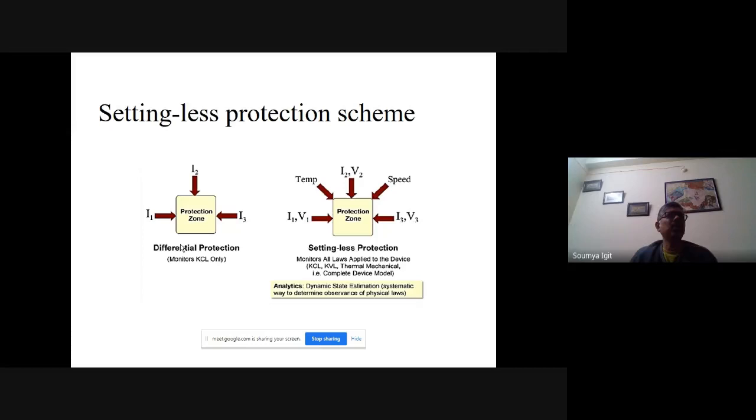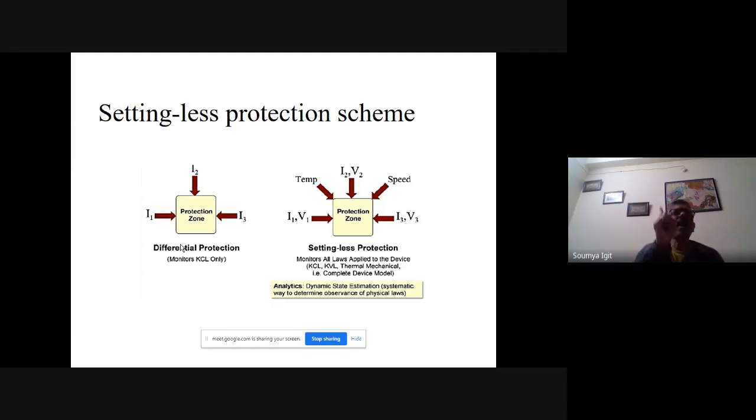With respect to the dual slope characteristics, you have the current at the two ends and you go for the differential of the same, and you get the corresponding decisive action in that particular zone. It is a very straightforward approach.